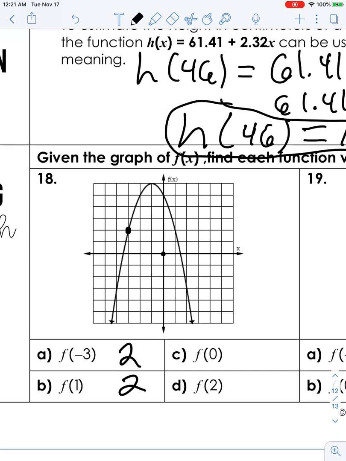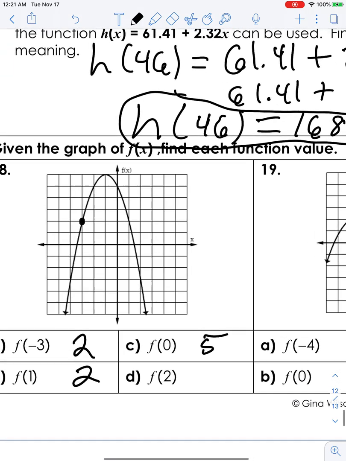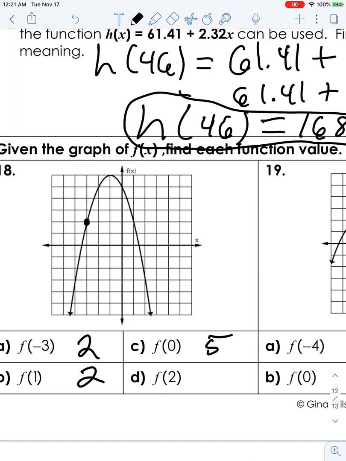C. When x is 0, what is y? 1, 2, 3, 4, 5. So when x is 0, y hits the graph at 5. D. When x is 2, so go over 1, 2, where does it hit the graph?